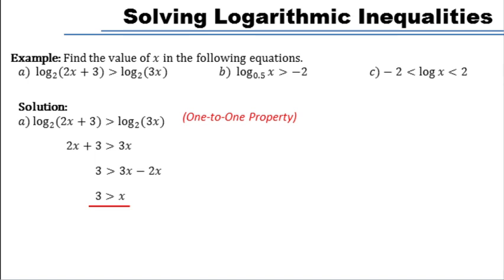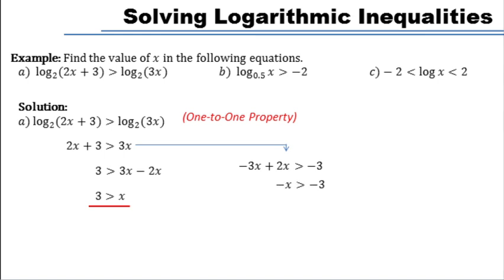Ma'am, what if we transpose 3x to the other side instead of 2x? Then the 3 goes to the other side too. So, what if we moved the 3x to the other side? So, we have negative 3x plus 2x is greater than negative 3. And negative 3x plus 2x is negative x.